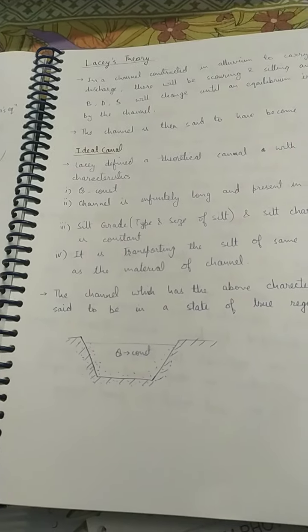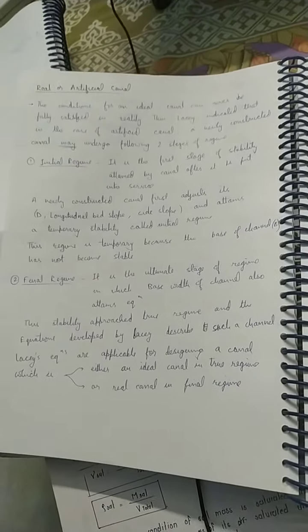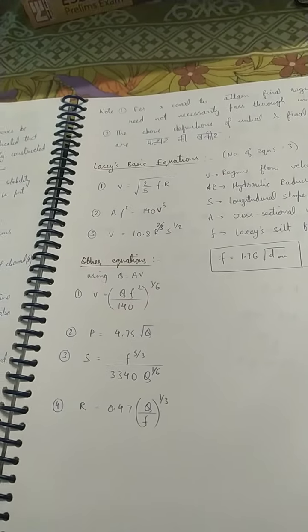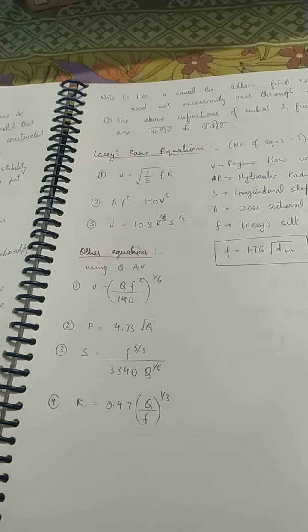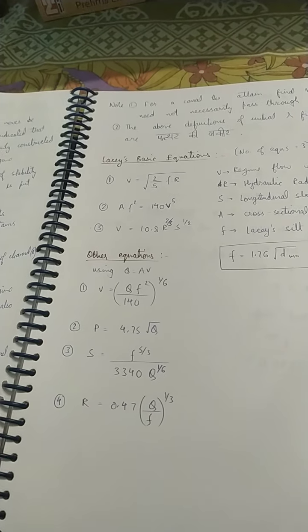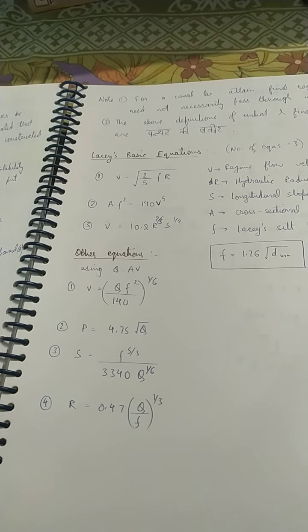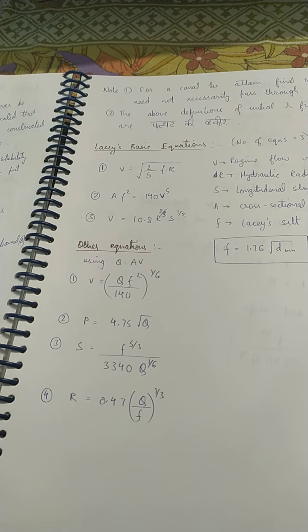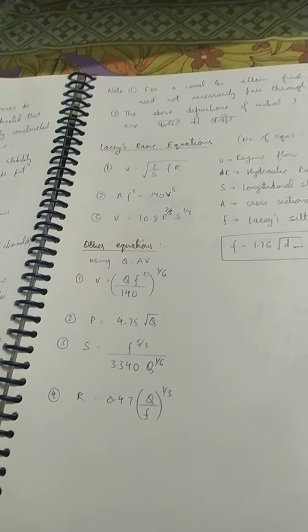Okay. Moving on, Lacey's theory. There is nothing special about it, just many formulas. The three basic Lacey's equations are: first, velocity is equal to the square root of 2 by 5 f R. Second, A f square is equal to 140 V raised to the power 5.